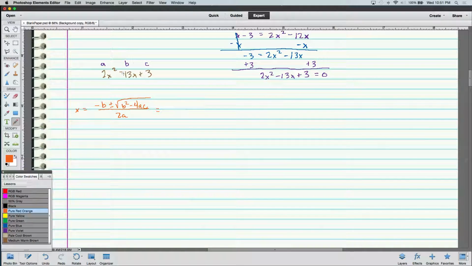Negative 13. So remember, that's negative. Got to be careful on your signs here. Plus or minus the square root of negative 13 squared minus 4 times a, which is 2, times c, which is 3, all divided by 2 times 2.